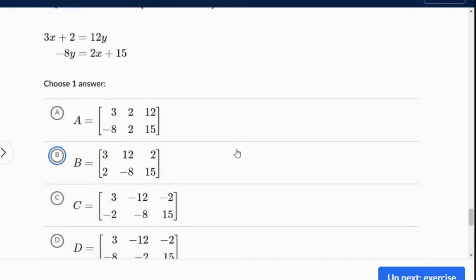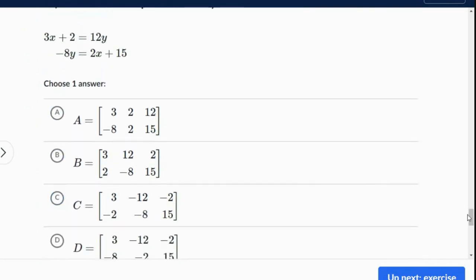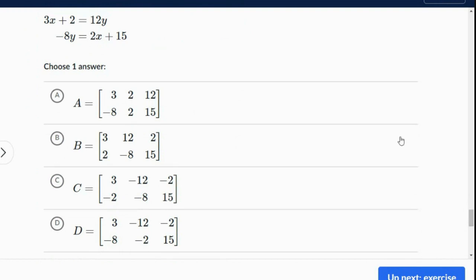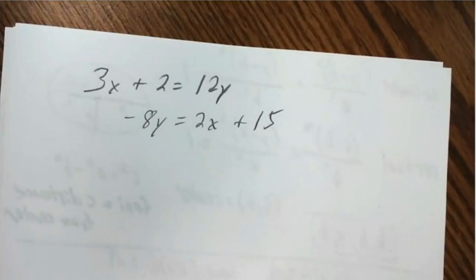All right. Oh, now they gave us 4 choices. Which matrix represents this system? 3x plus 2 equals 12y. Oh, look, they've rearranged things. -8y equals 2x plus 15. This is a challenge problem. Okay, Bethany thinks it's B. Let's do this. Okay, I wrote this one down.